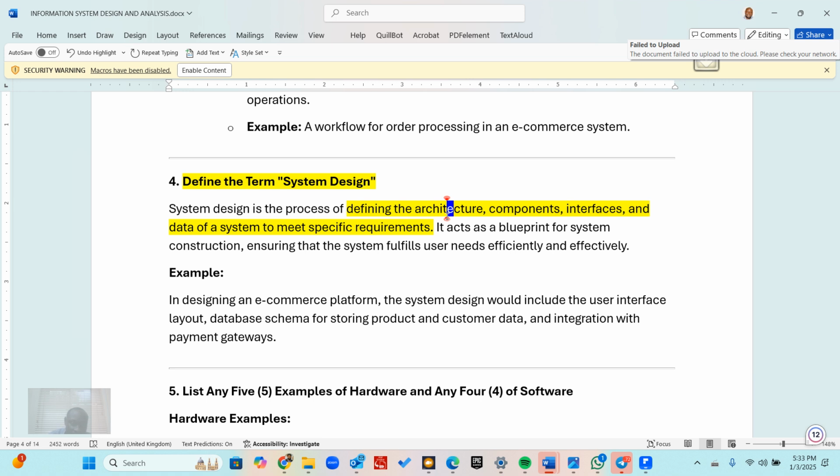Example, in designing an e-commerce platform, the system design would include a user interface layout, a data schema for storing products and customer data, and integration with payment gateways.